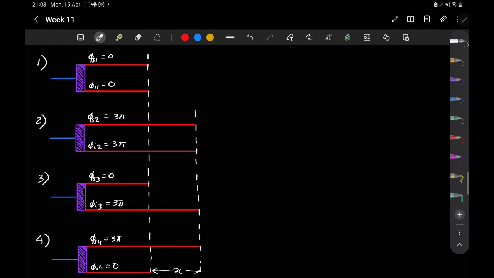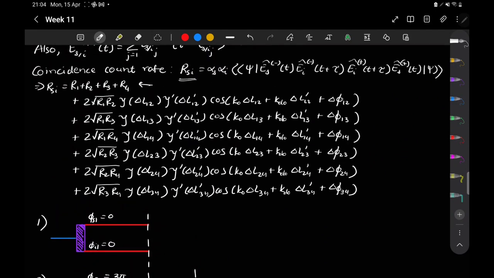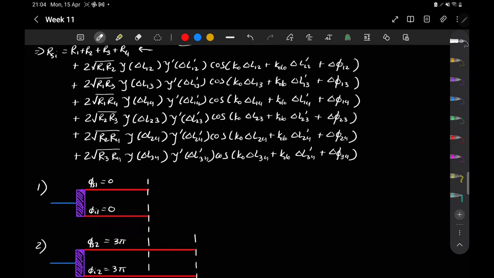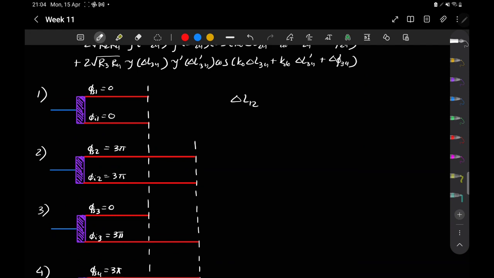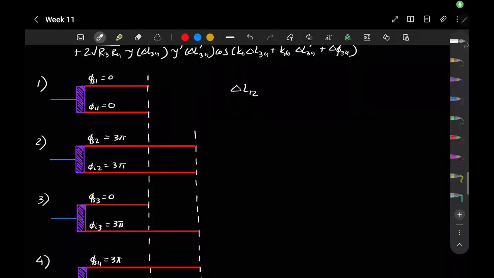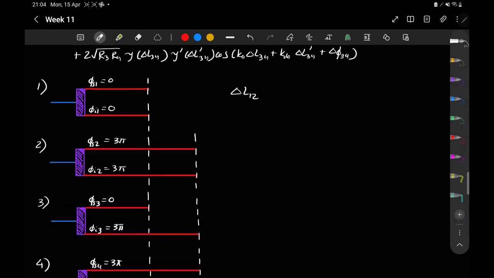Now let us write down each of these delta L's and delta L primes and delta phi's for each of these paths taken pairwise. So between 1 and 2, yeah, so we will write down all these quantities taken pairwise.